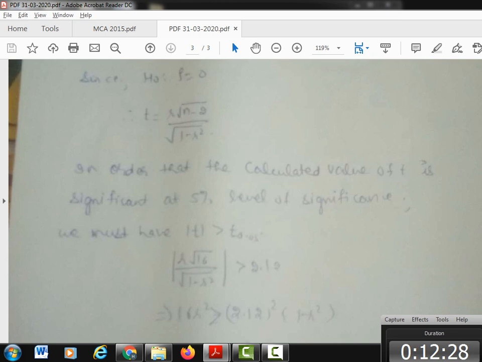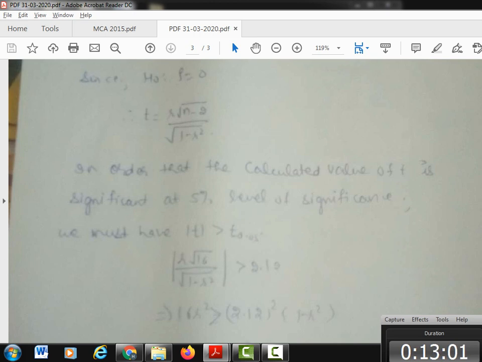Now, for the calculated value of t to be significant at the 5% level of significance, the value will be significant only if the calculated value is greater than the table value, otherwise the value will be insignificant. So always remember that the calculated value of t is significant if and only if the calculated value of t is greater than, I am writing over here the notation, t 0.05.